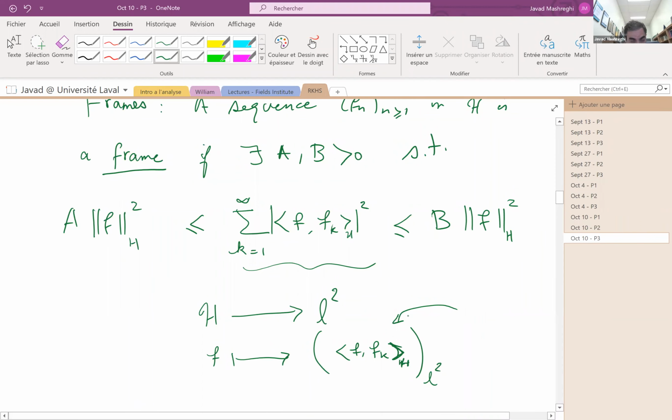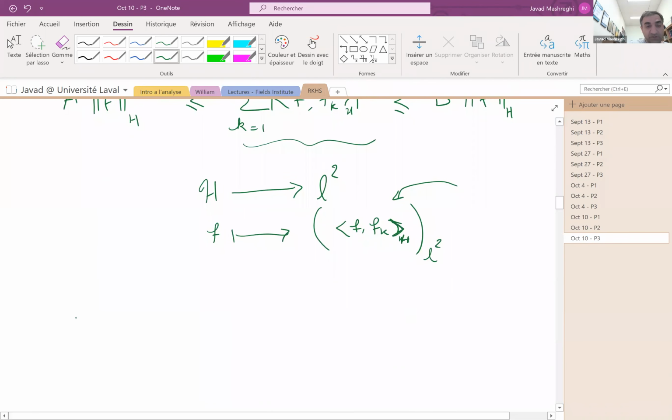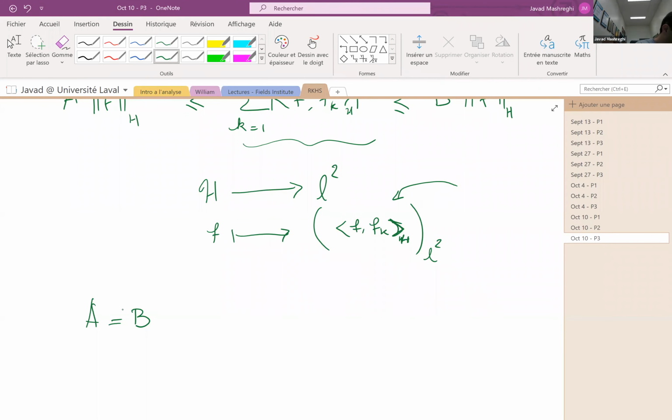Sorry, if A is equal to B equal to 1, you have an isometry, but I considered before just the case A equal to B. There is a specific name for that, what kind of frame?